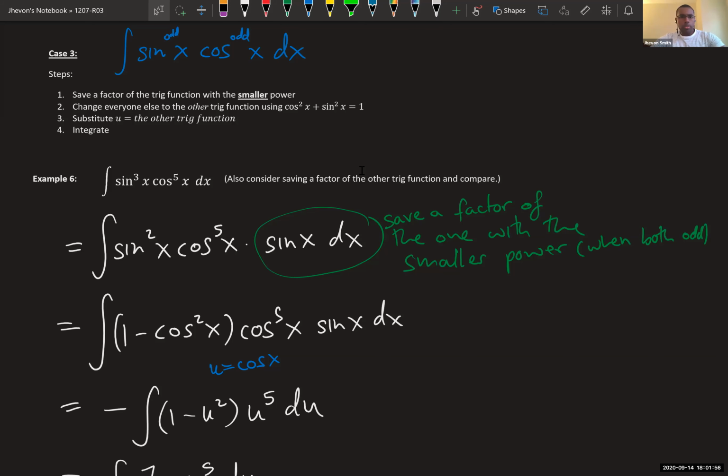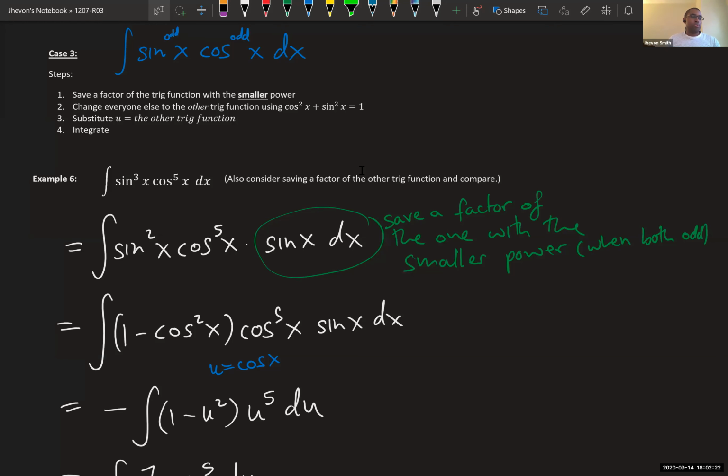Any other questions so far before we move on to other stuff? What if the powers are the same size? Pick at random, then it won't matter.